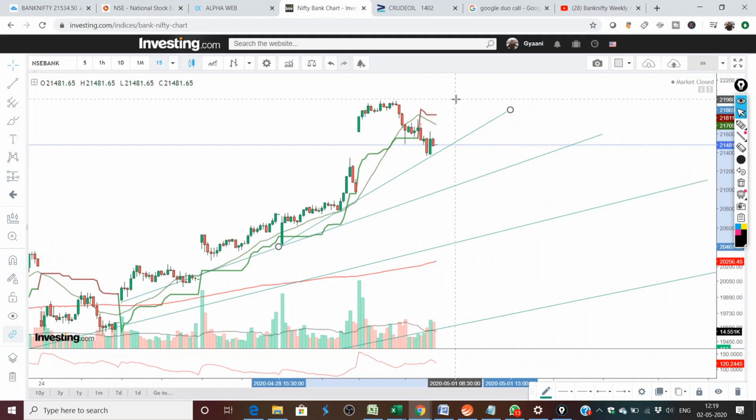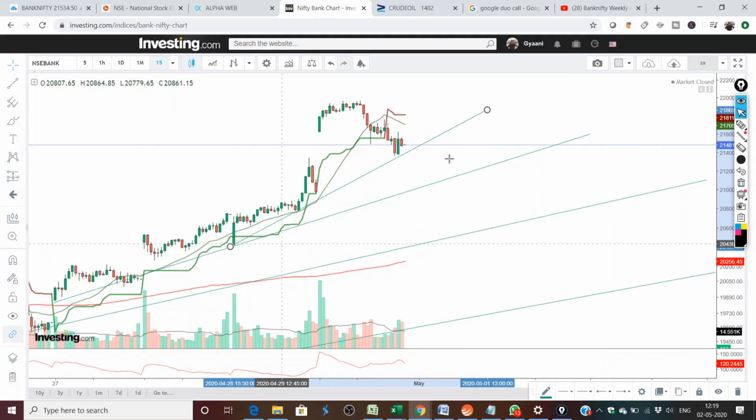We will keep these trend lines and see how it behaves. This is good for us to take any entry. If it opens below this, we can expect this to be a resistance. It can come down till here and move up, and suddenly it can break down, come down to here, then start moving up. So the market never goes in a straight line, so we have to watch for it.